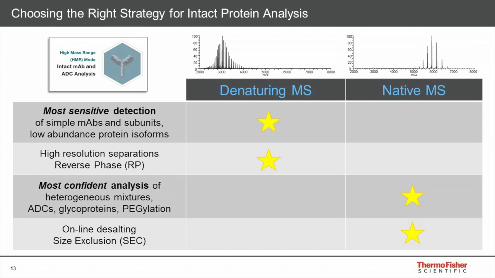And this is really the tried and true method for intact analysis so far. So this is a new world, and we found out that native mass spectrometry is very good for these heterogeneous mixtures, ADCs, glycoproteins, pegylation. And this is going to give us the most confident analysis. So I'll show some slides on this soon. And actually, the chromatography we would use for this is size exclusion. This allows online desalting.